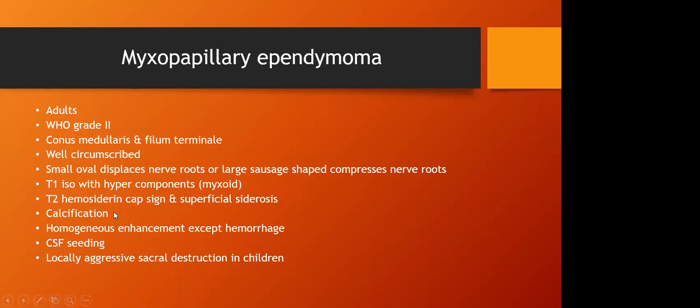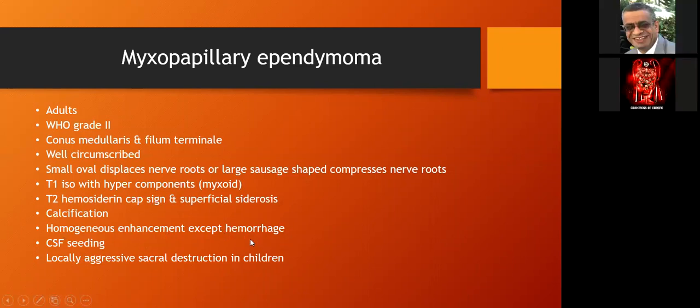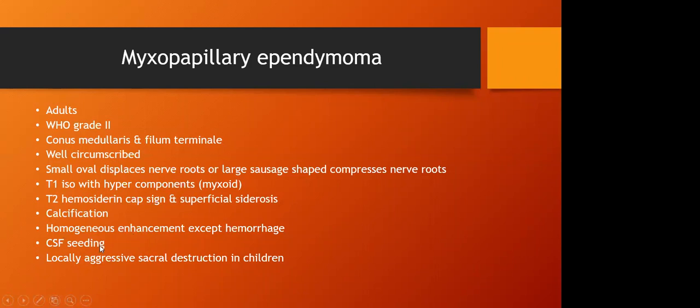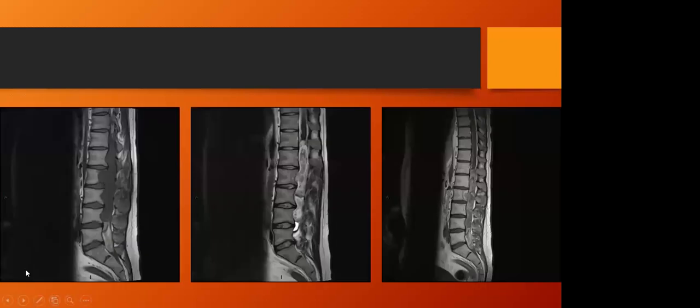Calcification is common, unlike the normal ependymoma, and the enhancement could be homogeneous except the sites of the tumor containing blood. It also could be associated with CSF seeding and could be seen multiple. In children, it could be locally aggressive, causing sacral bone destruction.